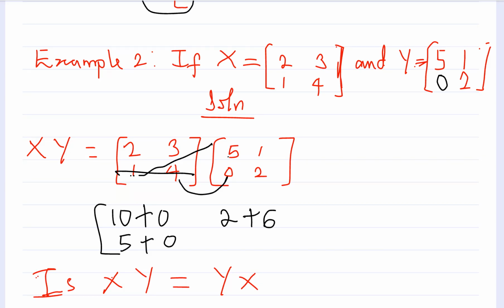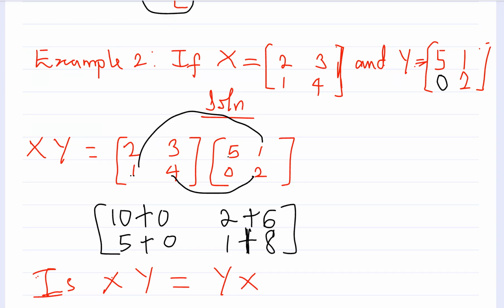All right, then I'll go 1 times 1 now. 1 times 1 plus 4 times 2. 1 times 1 is 1, 4 times 2 is 8. So that's gonna give us 10, 8, 5, and 9. Do you understand that now?